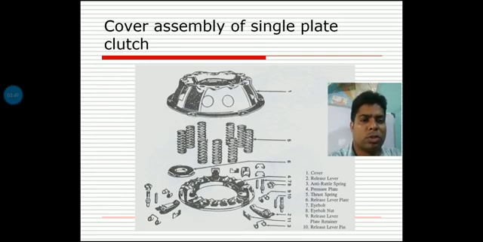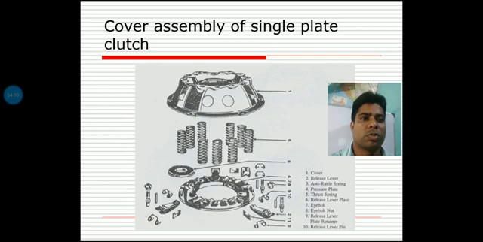In most cases we use the uniform pressure distribution. Next, point number five, the thrust spring, which is also basically one type of helical compression spring.